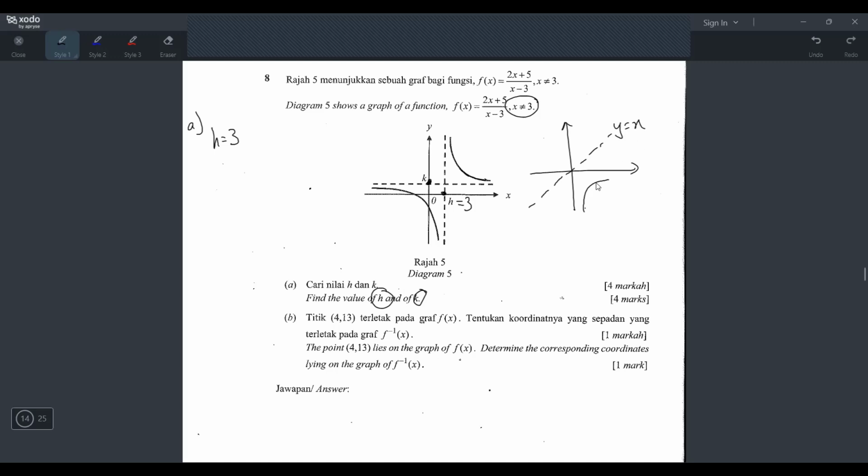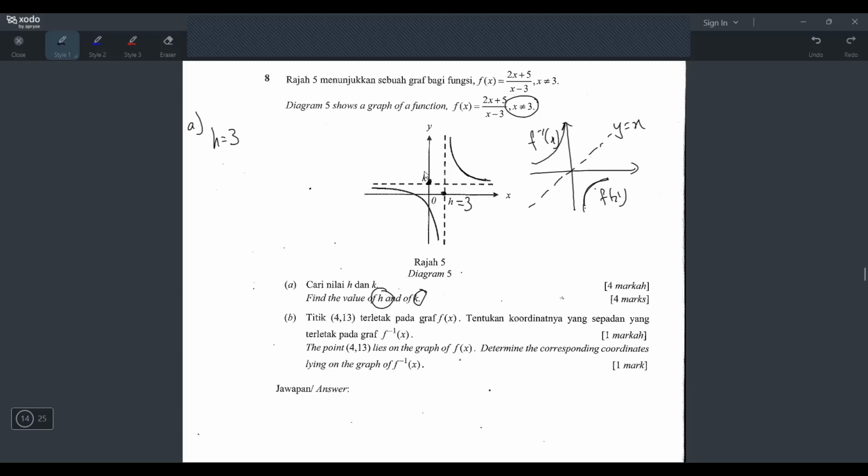So if this is my f(x), then my f inverse will be the reflection of this line. When we reflect this, it will look like this. So this will be my f inverse, and they both will have the same shape. It's just that they are on the other side, because they already reflect, right?